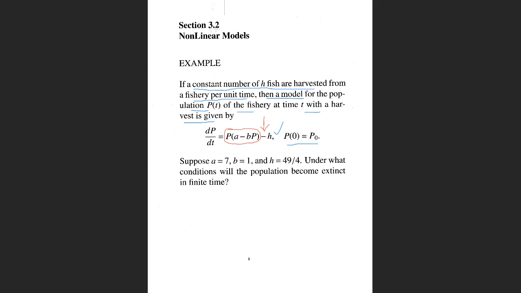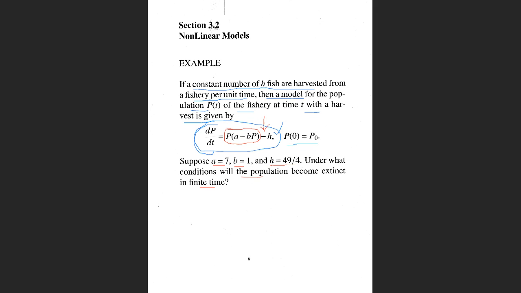So okay, now in this case, they're giving you some values of A and B, and they're telling you the harvest rate. Under what conditions will the population become extinct in finite time? Okay, so we need to manipulate this differential equation here in order to answer this question.